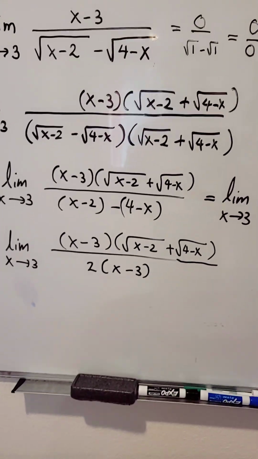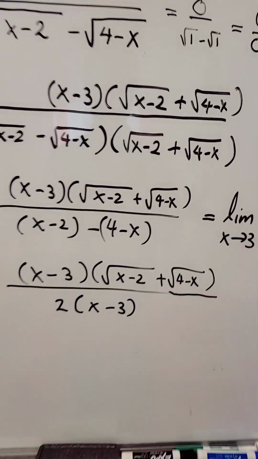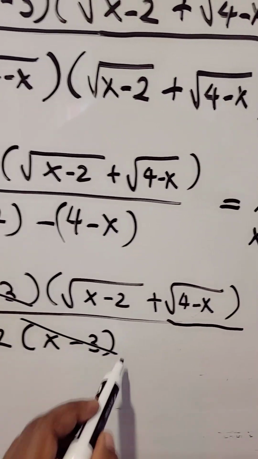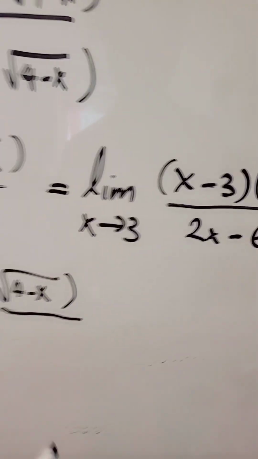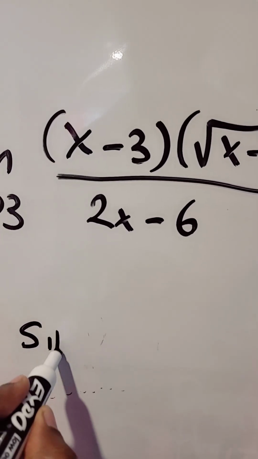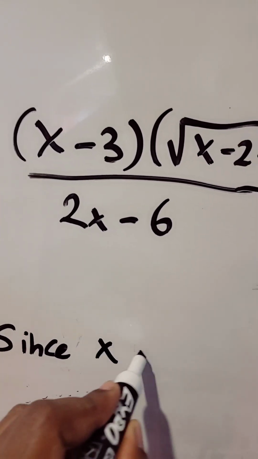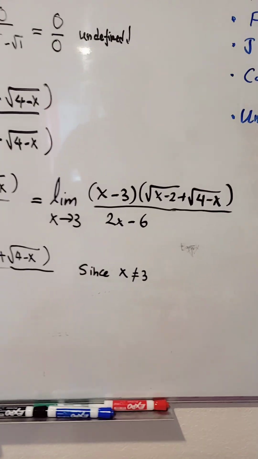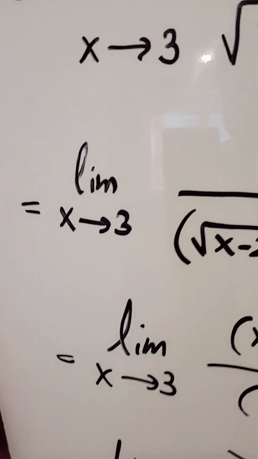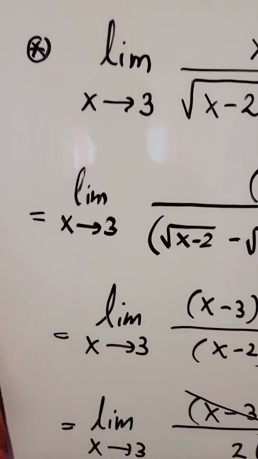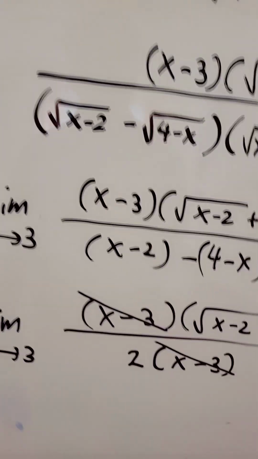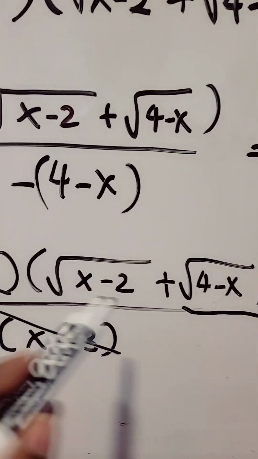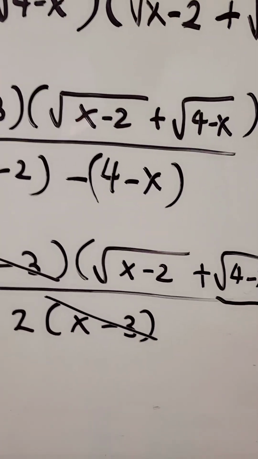Can you see that x minus 3 in the numerator cancels out with x minus 3 in the denominator? We can do that since x is not equal to 3, because we are taking x goes to 3. So then you have a very simple expression, with 1/2 in front.